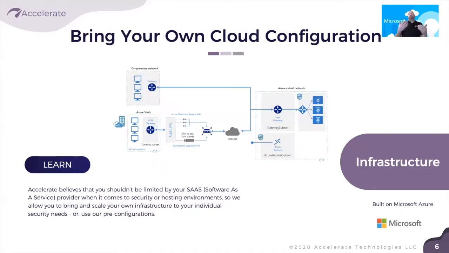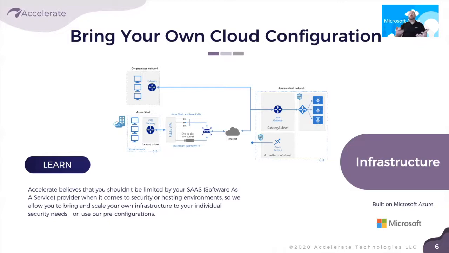You can also bring your own cloud configuration with Accelerate. So regardless of what type of infrastructure you have, if you already have Azure, we can have it automatically provisioned to your own Azure infrastructure so that you can keep that under your own cloud configurations. The reason why this is important, I feel the differentiator between a workflow product and a new digital transformation type engine really comes down to, can you place it within your own environment?